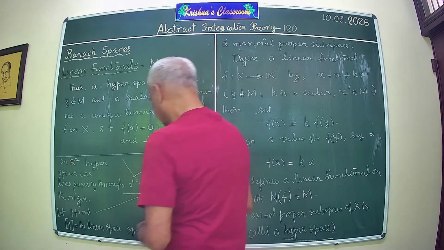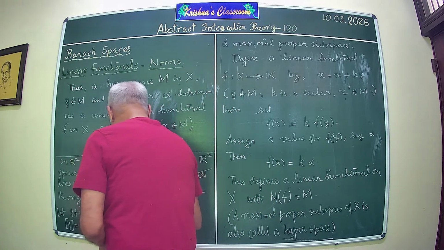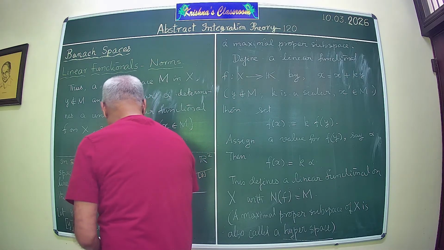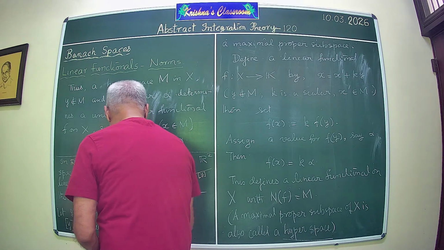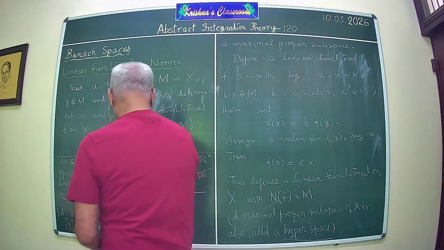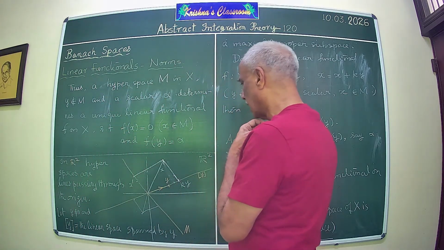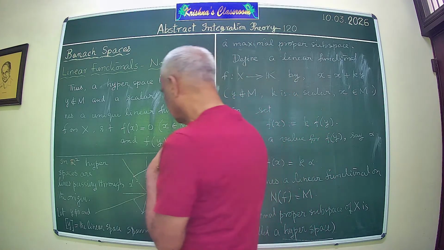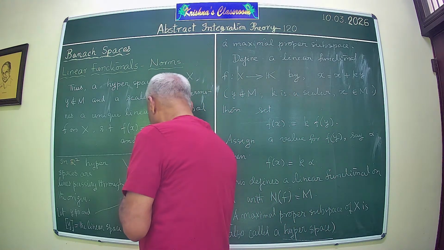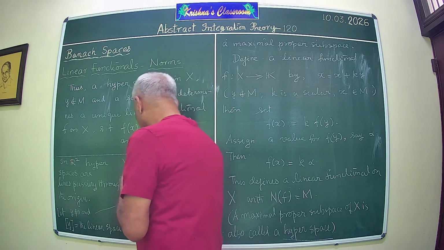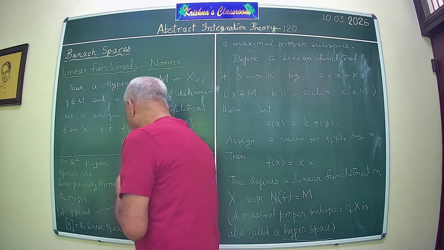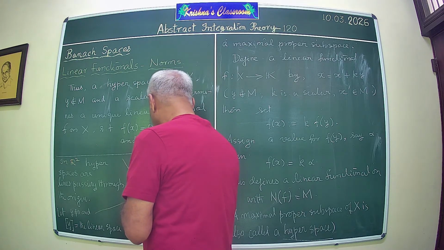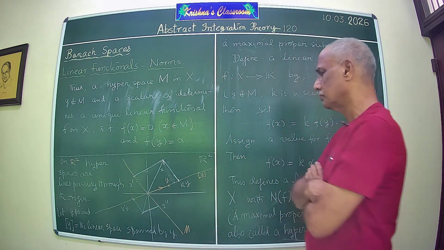point to point. For instance, suppose you take your x somewhere here, then what you do is complete the parallelogram with M as one of the sides and the subspace spanned by y as another side. So then you see that this is going to be k prime y and this is going to be x double prime.